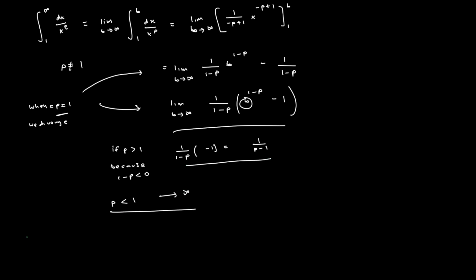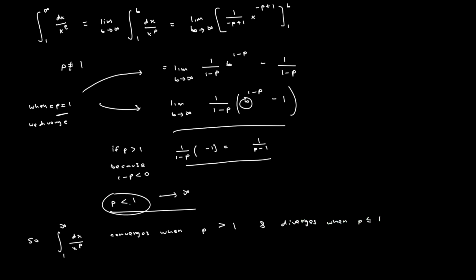So the integral of dx over x to the power of p from 1 to infinity converges when p is greater than 1 and diverges when p is less than or equal to 1, because we have shown over here that when it's less than 1 it diverges, and previously we have shown that when it's equal to 1 it also diverges.